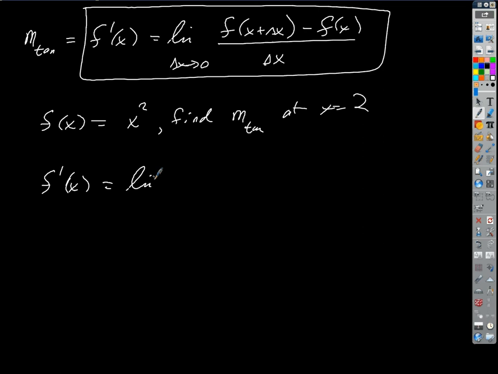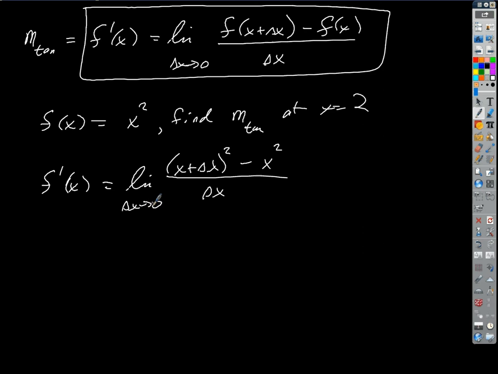Okay, so we get the limit of x plus delta x squared minus f of x. That's x squared, right? And I think, Lily, you were telling me what this whole thing was when you expanded it out, weren't you? I was thinking maybe you were.